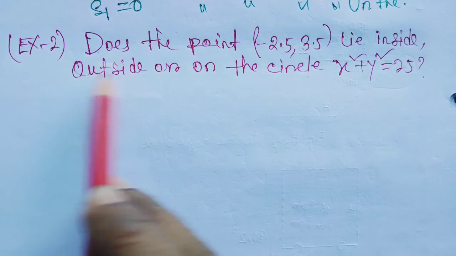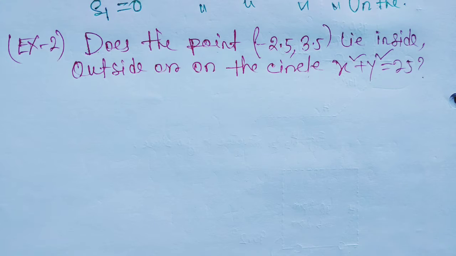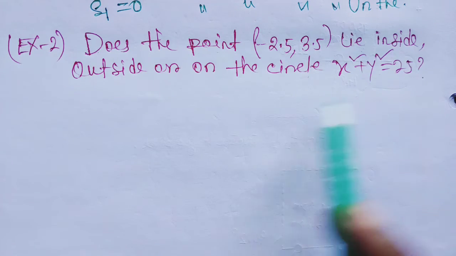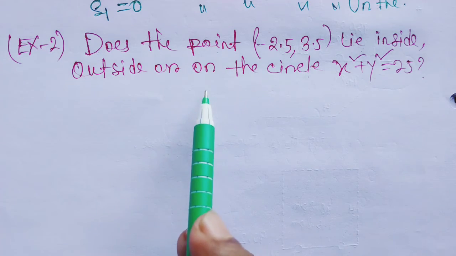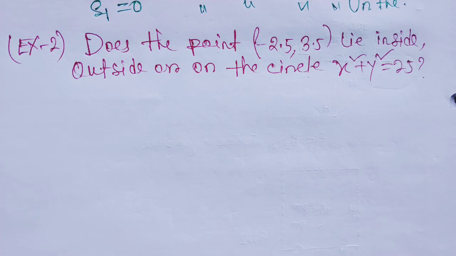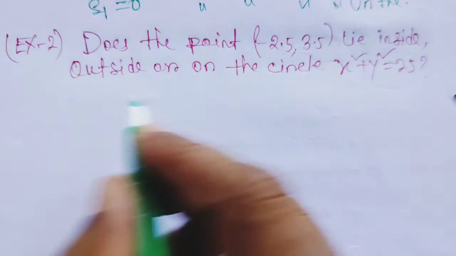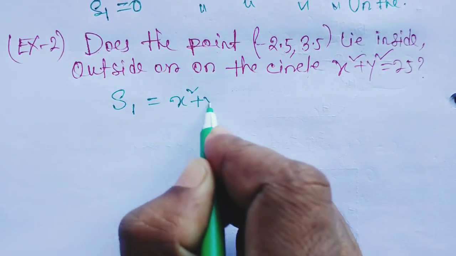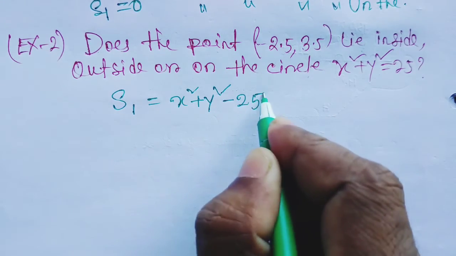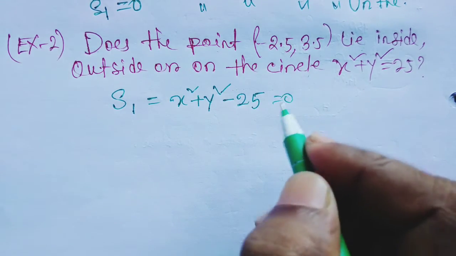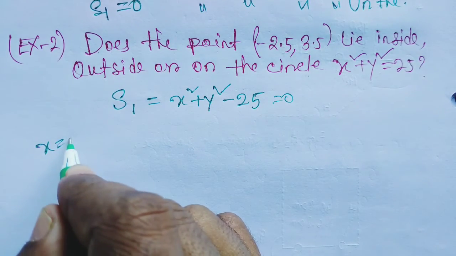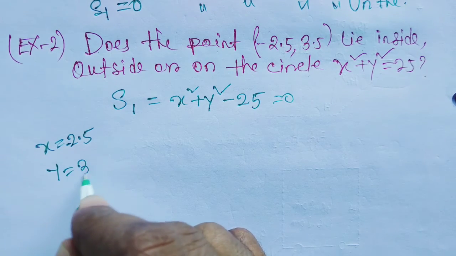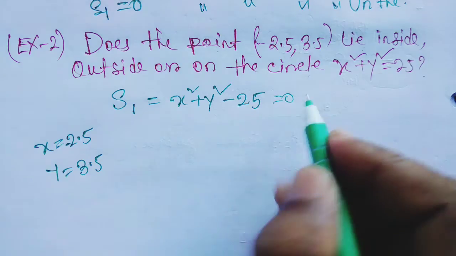Now try to solve this problem. Does the point (minus 2.5, 3.5) lie in the circle, outside the circle, or on the circle x square plus y square equal to 25? So the given circle equation is S1 equal to x square plus y square minus 25. Now put x equal to minus 2.5 and y equal to 3.5 in this equation.